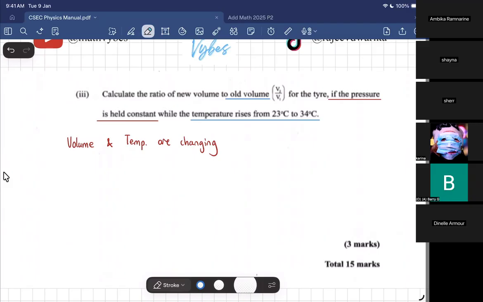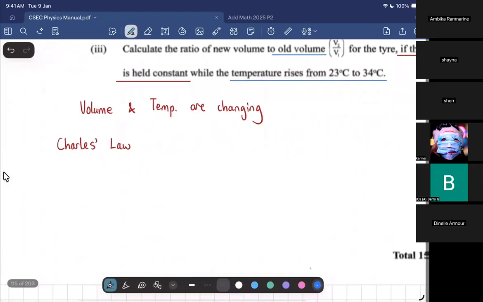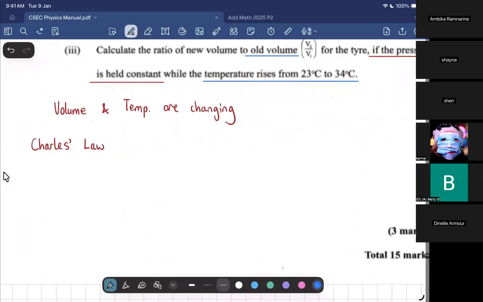Charles' law. Exactly, Charles' law. What does Charles' law say? V1 over T1 is equal to V2 over T2. Right.